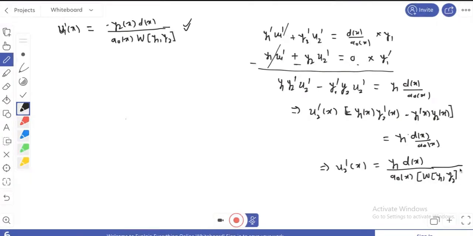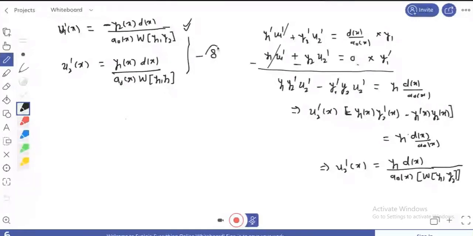So this is your y1 prime, and this is u2 prime, u1 prime and u2 prime, defined by this equation. Say this equation is number 8.